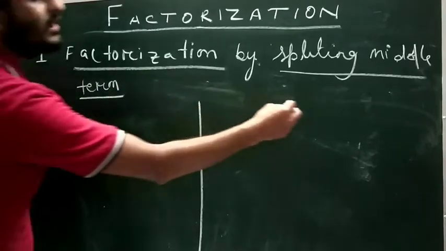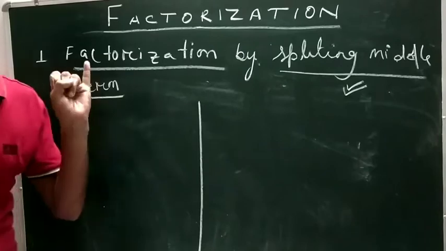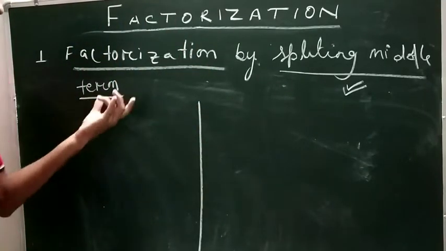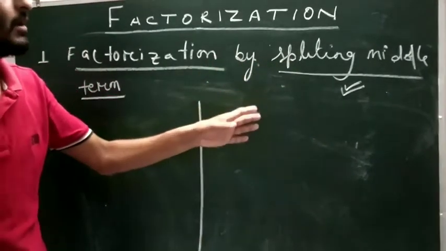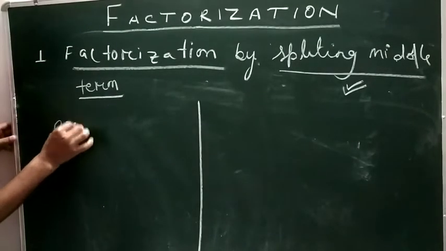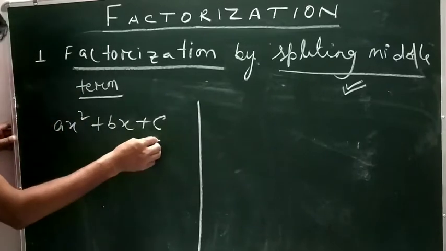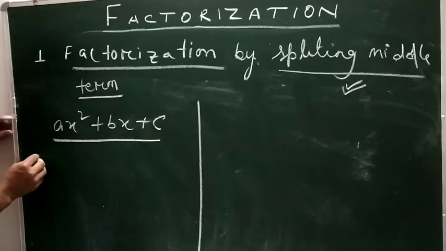While doing this splitting of the middle term, first we check whether it can be factorized by monomial or polynomial methods, then we go for the identities. If the factorization cannot be done by the identities, we will think about middle term factorization. Now see, the first form is ax square plus bx plus c. I will give you one example.